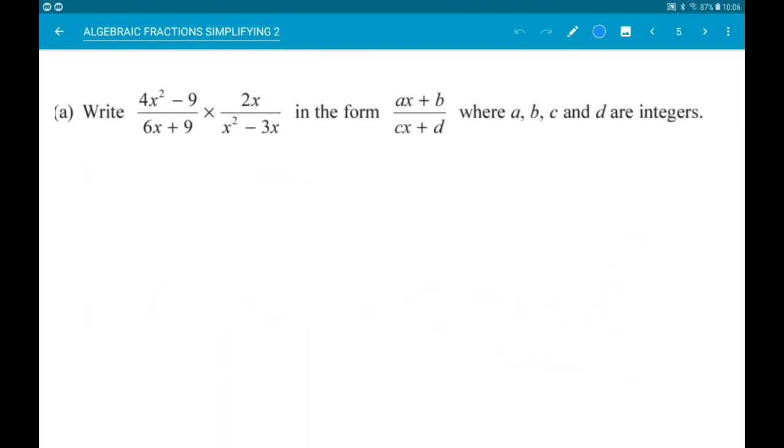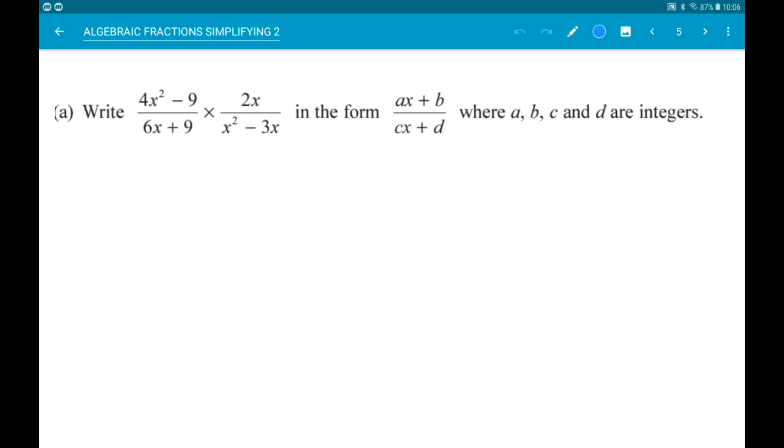Okay, next up, write (4x squared minus 9) over (6x + 9) times 2x over (x squared minus 3x) in the form (ax + b) over (cx + d), where a, b, c and d are all integers. Okay, so multiplying fractions is the nice one. You just work across.